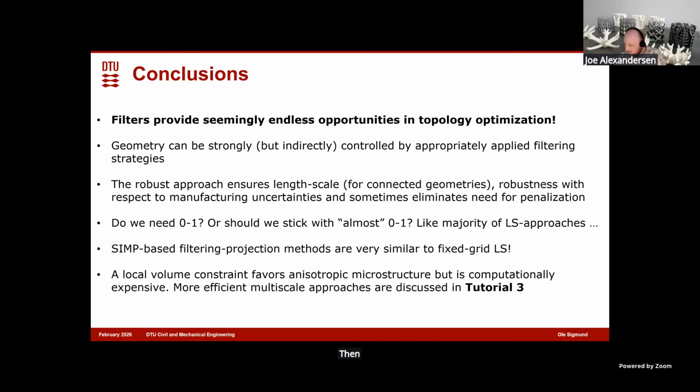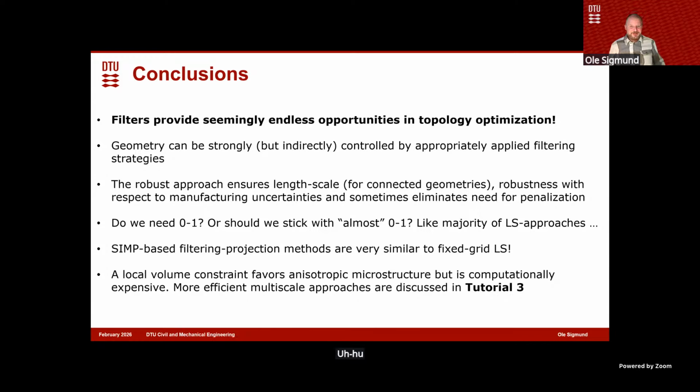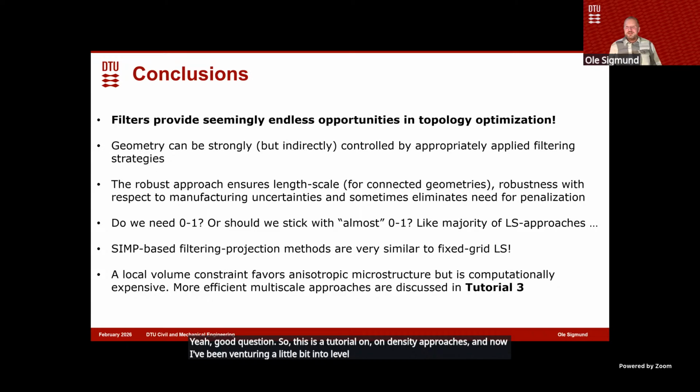Then we have a question from YouTube here. Do you have any opinions on explicit topology optimization methods, such as moving morphable components? Yeah, good question. This is a tutorial on density approaches, and now I've been venturing a little bit into level set approaches.